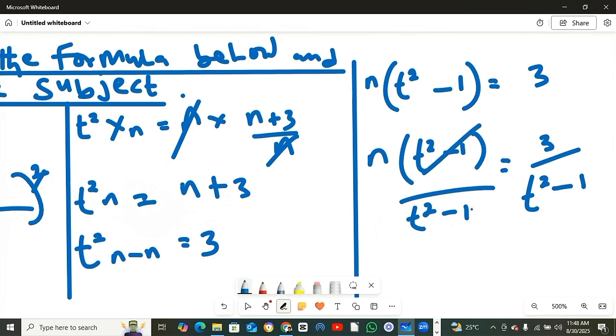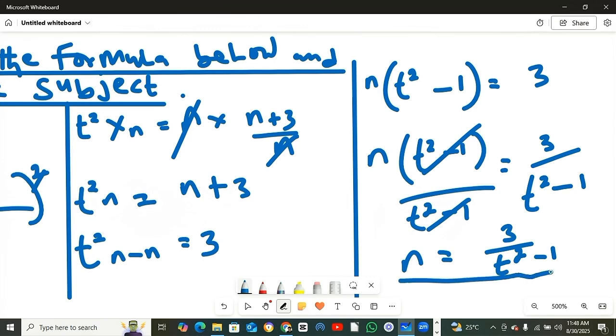So this one will cancel out this one. So we're going to have n equals 3 over t squared minus 1. So now we can see n is now the subject of this formula all by itself. So this is the answer.